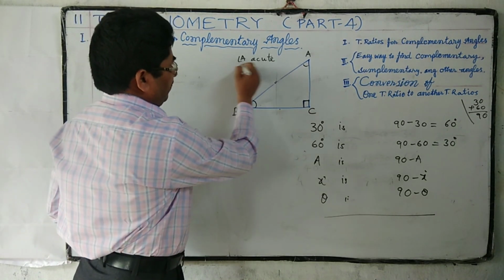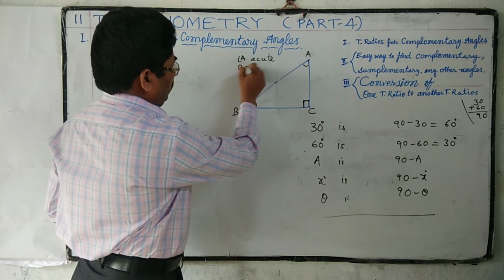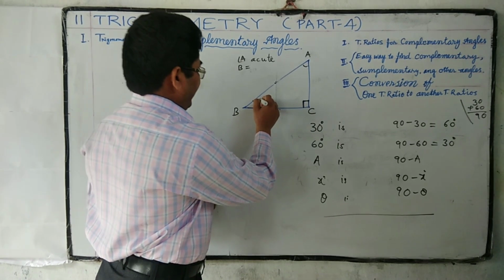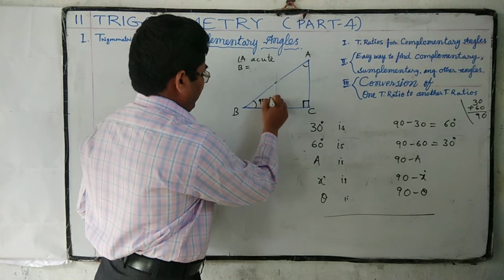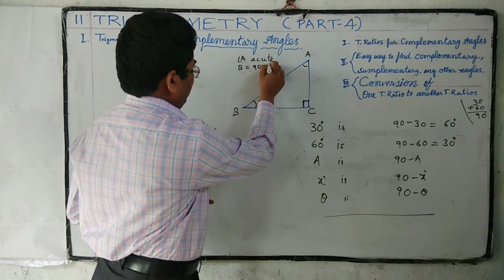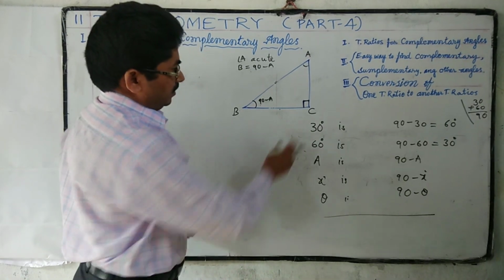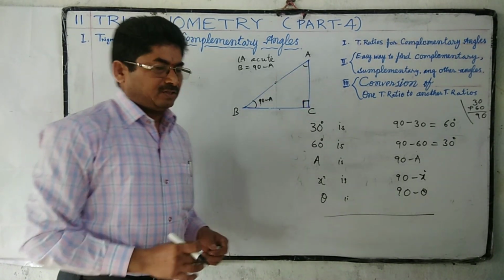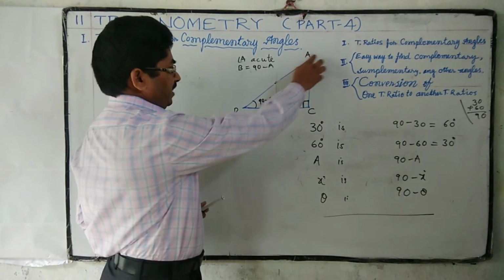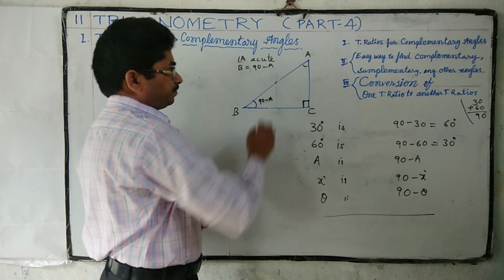So we can say the complementary angle of A is 90 minus A, and the complementary angle of B is equal to 90 minus A. These two are complementary angles. That's why the complementary angle of A is called 90 minus A.